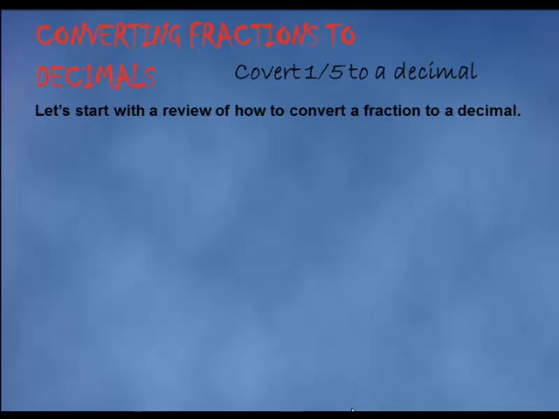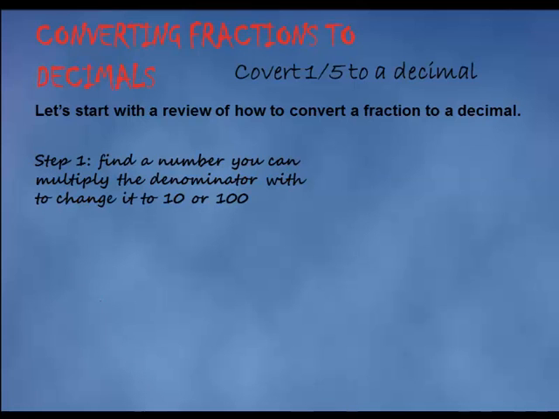All right, let's talk about converting fractions to decimals. We will convert 1/5 to a decimal. Let's start with a review of how to convert a fraction to a decimal. Step 1, find a number you can multiply the denominator with to change it to 10 or 100. We're going to look at how to change 1/5.